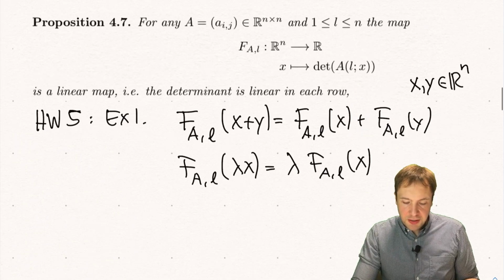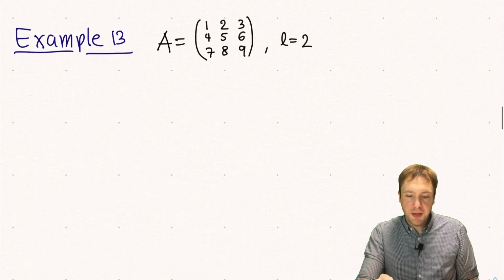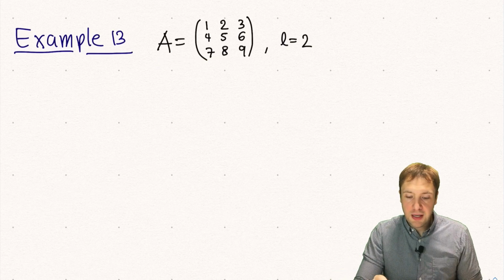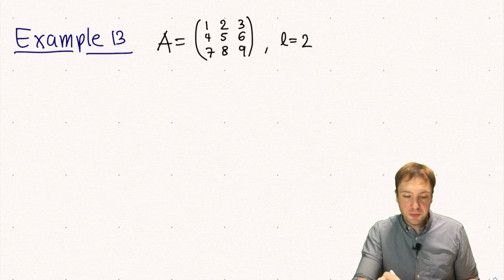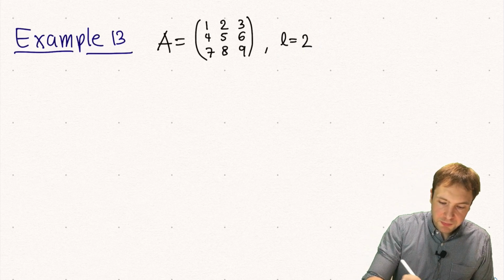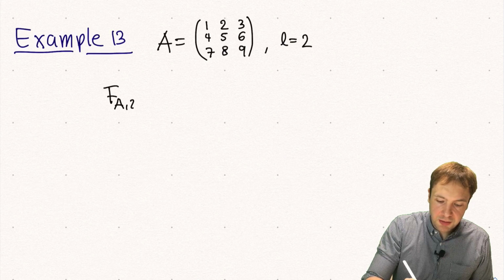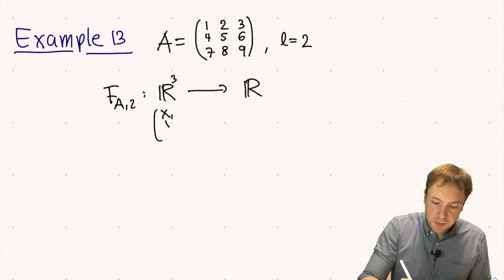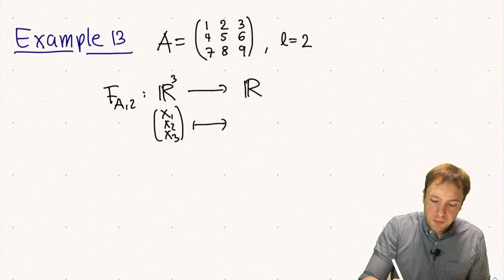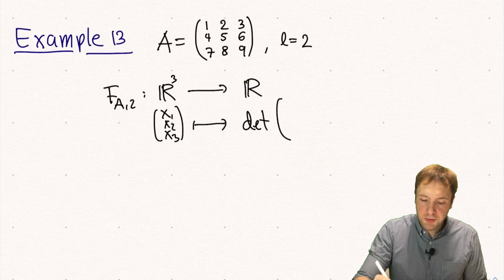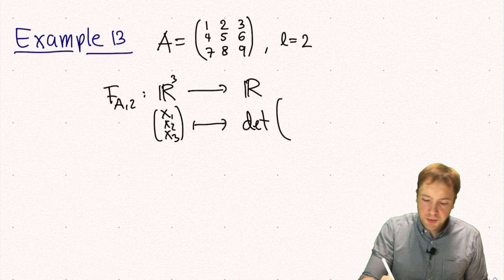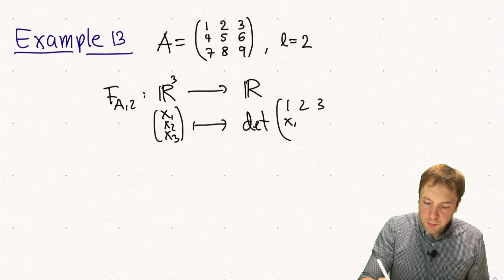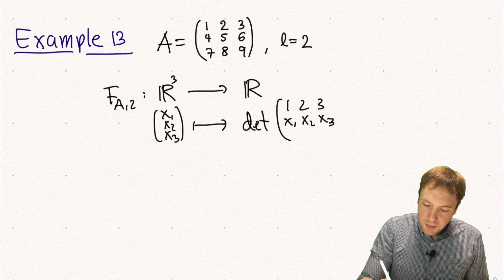Okay, so let's do one example for this notation. If the matrix A is this matrix here, and we now consider the case l equals 2, then this map, which is now denoted f_A^2, is a map from R^3 to R, where we send the vector (x1, x2, x3) to the determinant of the matrix where we write this into the second row of A. The first row is the same, here we have x1, x2, x3, and here we also don't change anything.